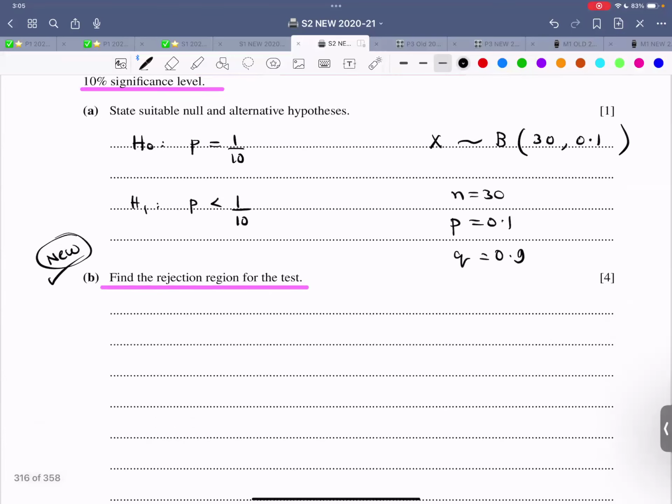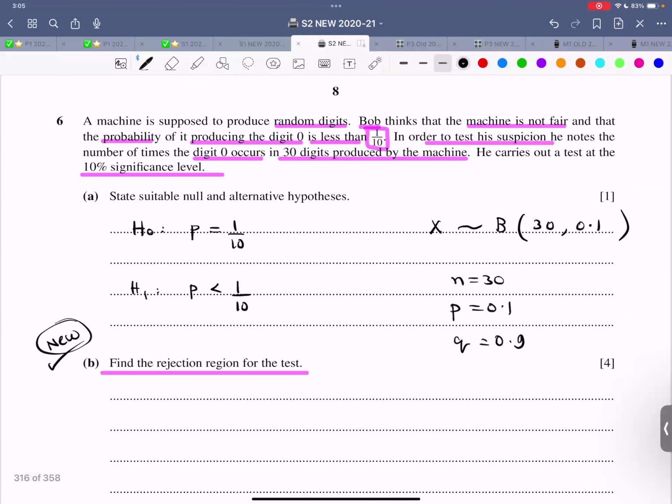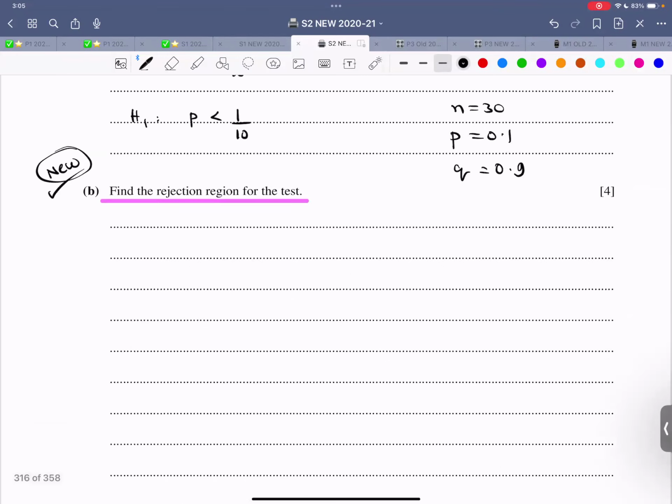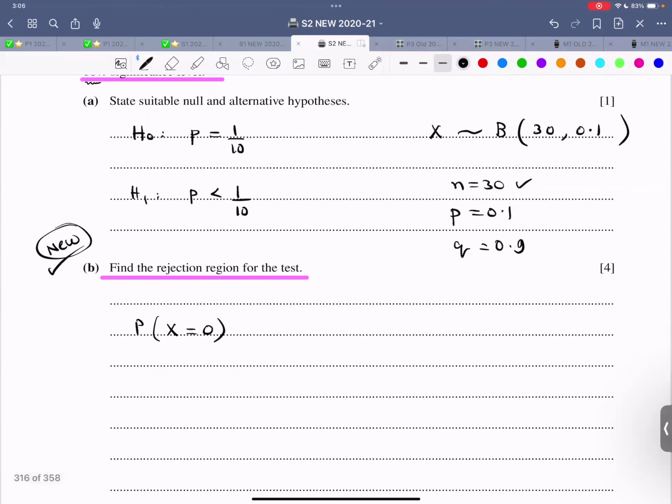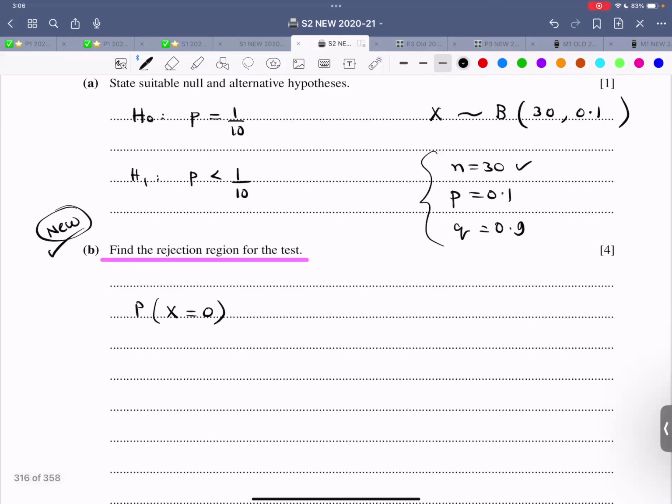What we do is that this is the significance level for comparison. We calculate the probability starting with the lowest value of r, which is 0. So we use this data, we calculate 30C0, success raised to power of 0, failure raised to power of 30.